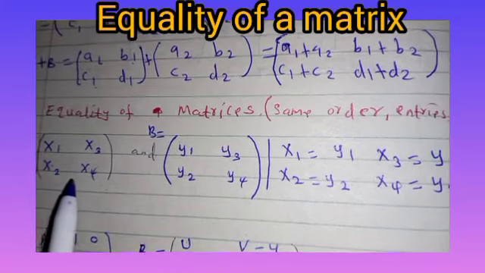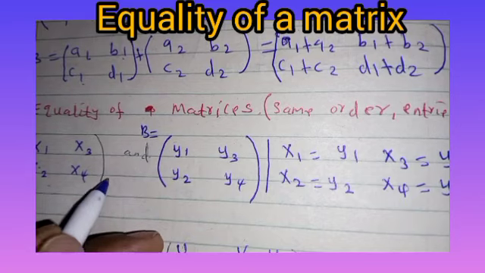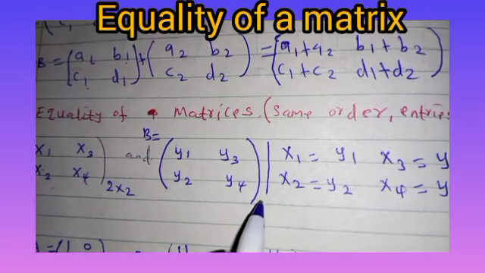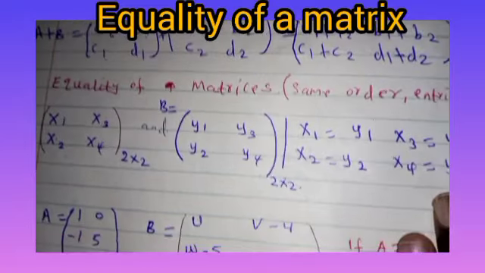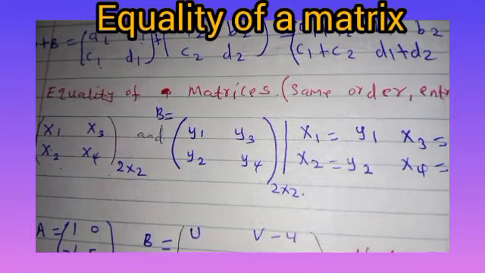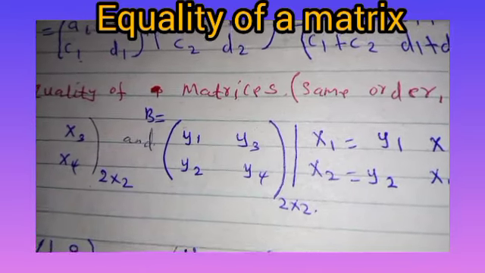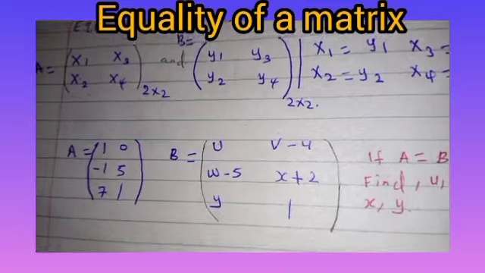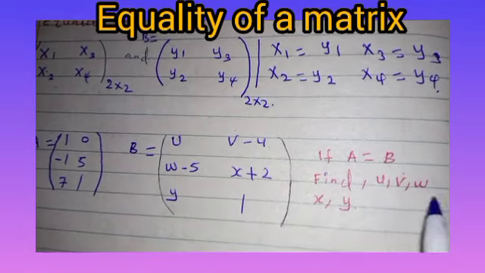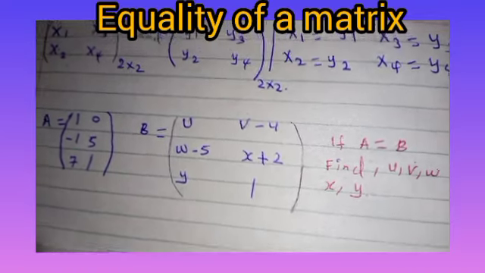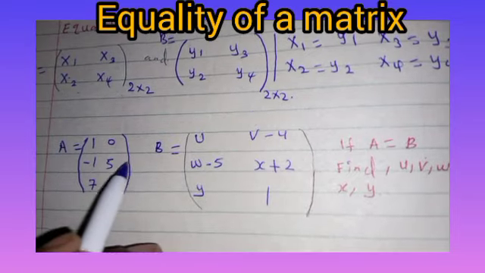So when two matrices are equal, they are of the same order. This is a 2 by 2 matrix, and this other one is also 2 by 2. And now the corresponding elements of the two matrices are equal. So next, we are told that if A is equal to B, then you find the unknown. When these two matrices are equal, it follows that the corresponding elements are the same.